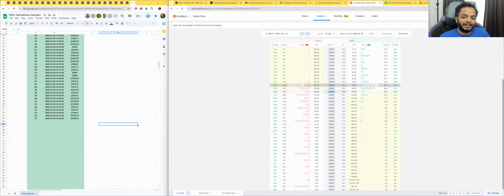They might buy one lot of 23,400, sell two lots of 23,450 or 23,500, and then go out of the money and buy one lot again. That is how they do it.